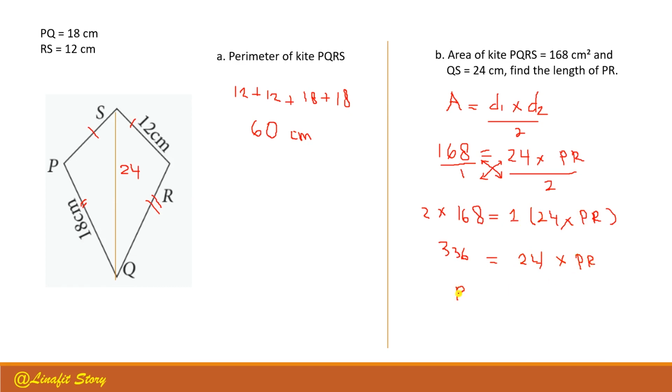So the length of PR is 336 divided by 24, which is equal to 14 cm.